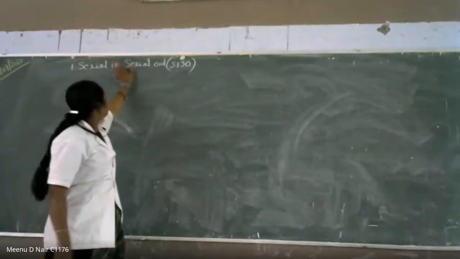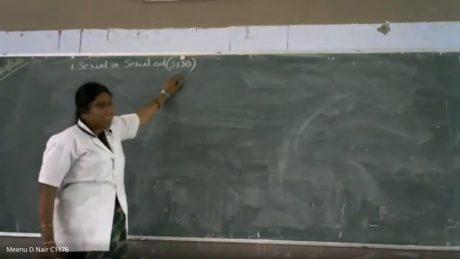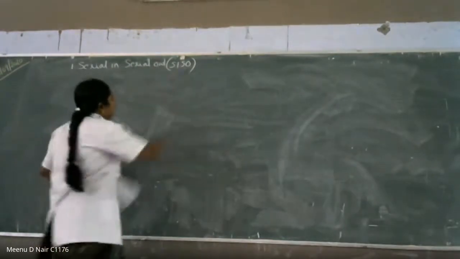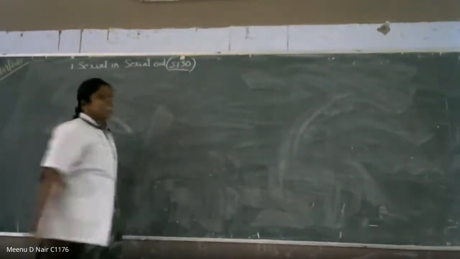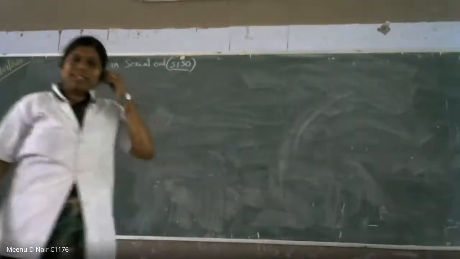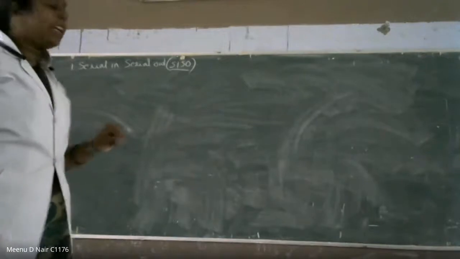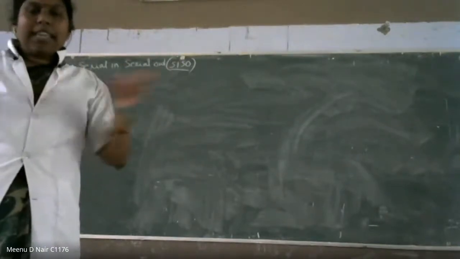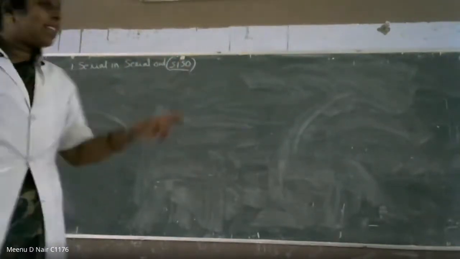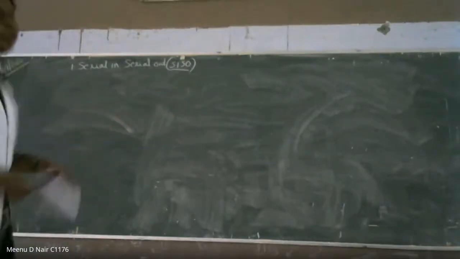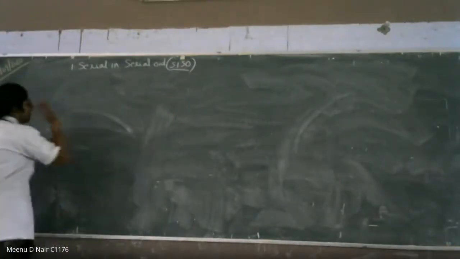It won't ask for the full form, serial in, serial out. So this is the most crucial thing. We can expect a question on SISO in the question paper. That is the first case.